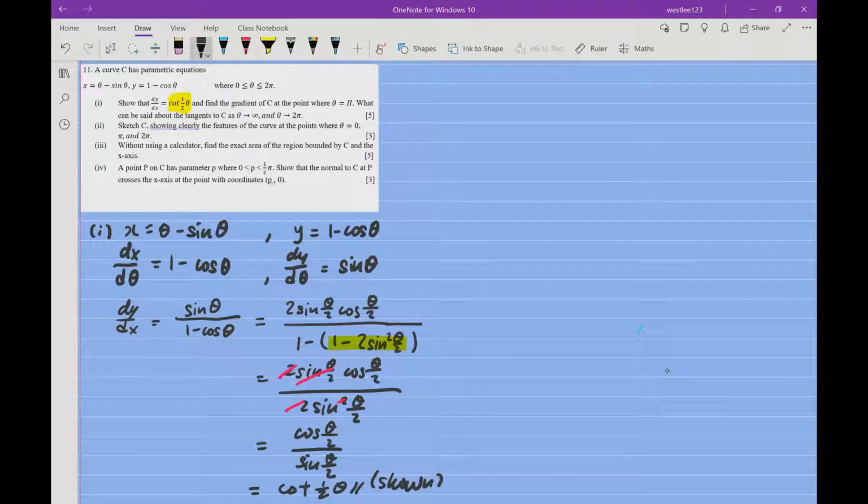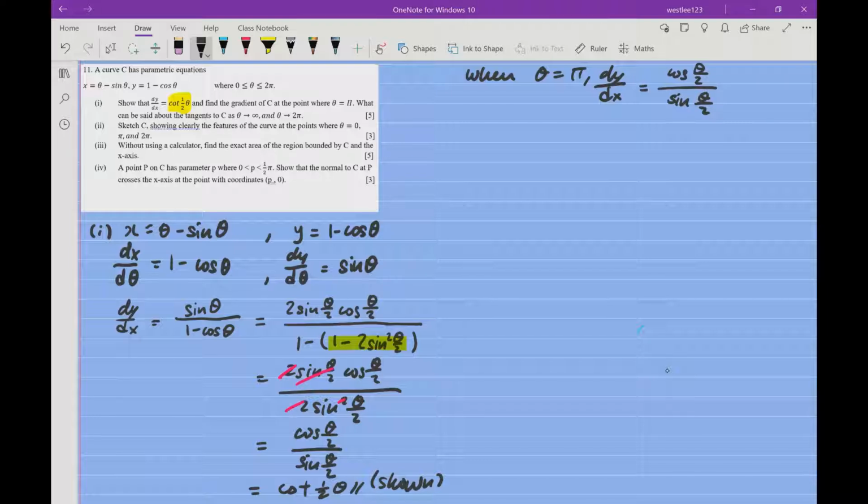After finding dy dx, we need to find the gradient of the curve at the point where theta is pi. So when theta is pi, dy dx equals cotangent half theta, which is equivalent to cosine theta over 2 over sine theta over 2.